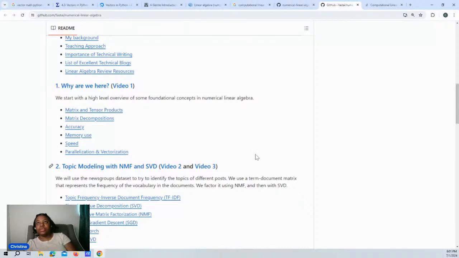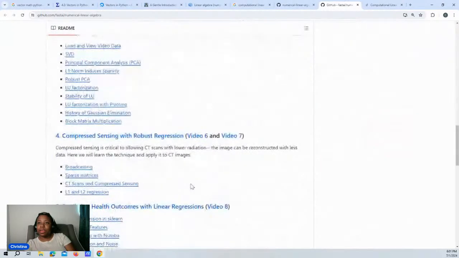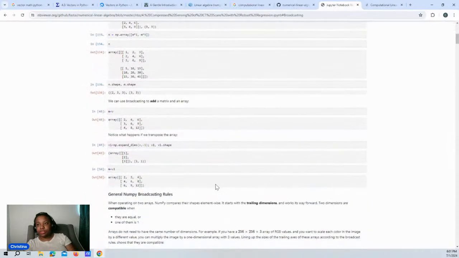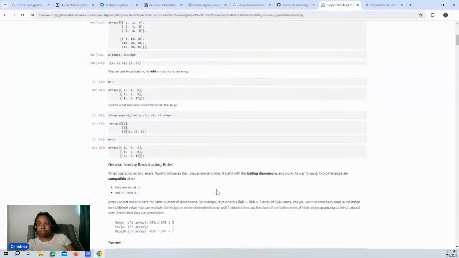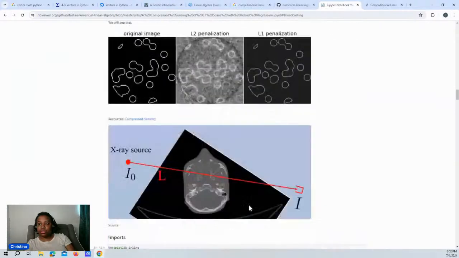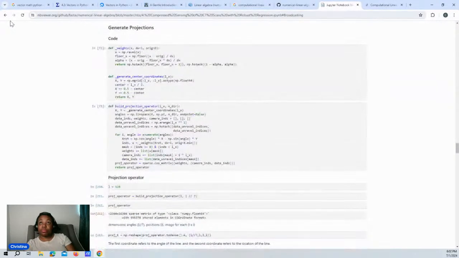Then there's also FastAI for numerical linear algebra, right? And this goes into more detail on the concept of broadcasting, but in the context of NumPy, which would be very useful to work through again so I can practice.